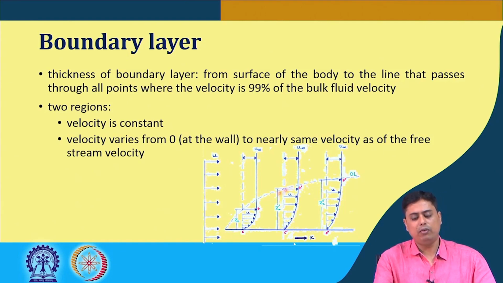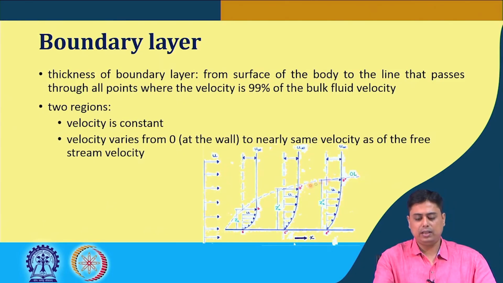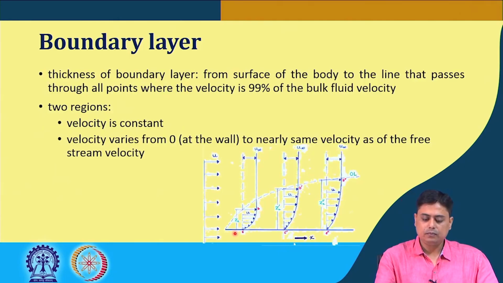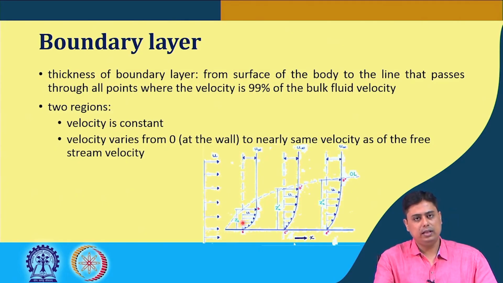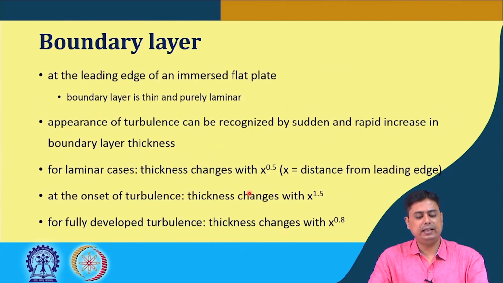In fact, this whole boundary layer is very thin depending on the flow scenario, and it is a mostly exaggerated picture that any textbook shows. Near this leading edge, it is mostly laminar in nature, but then there can be a sudden increase in the boundary layer, and that dictates the onset of turbulence.